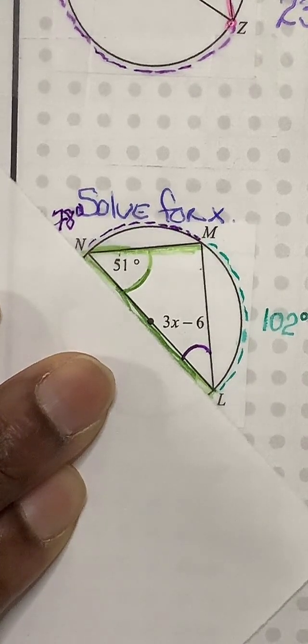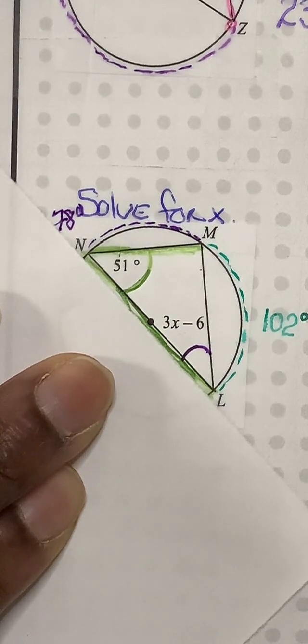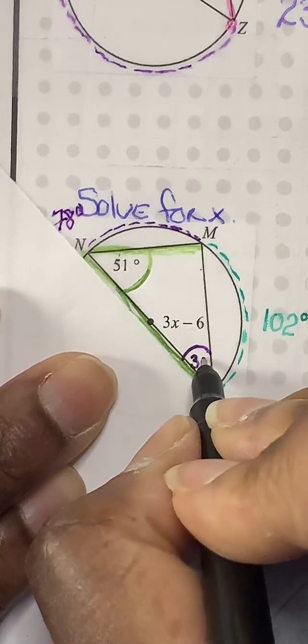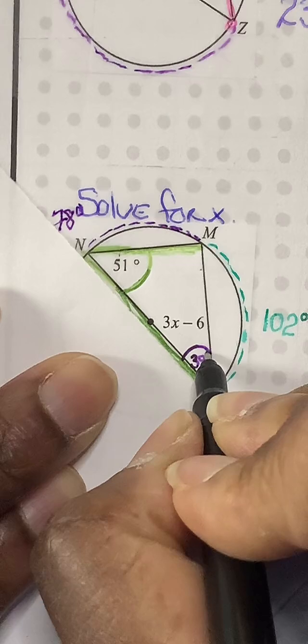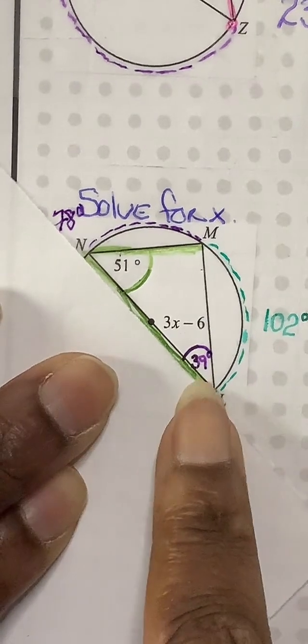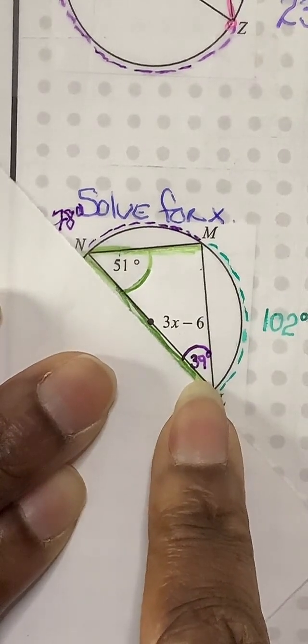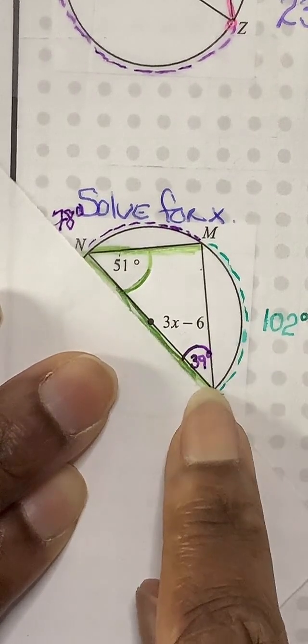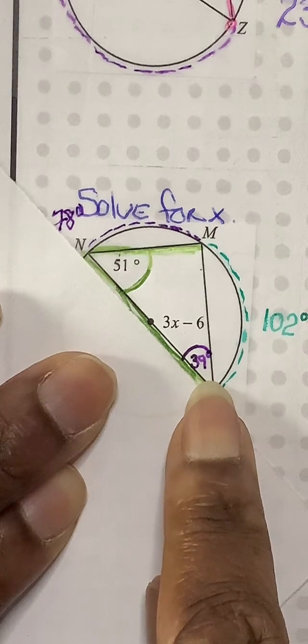Okay, so I got a 39. Yep, there we go. 39. Good. So this should be 39 degrees. And the reason why is because it's half its arc. So that means we can find x now, because we know that this is supposed to represent the measurement of that angle.